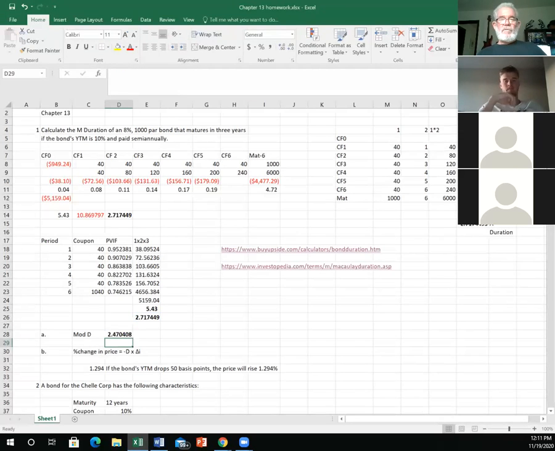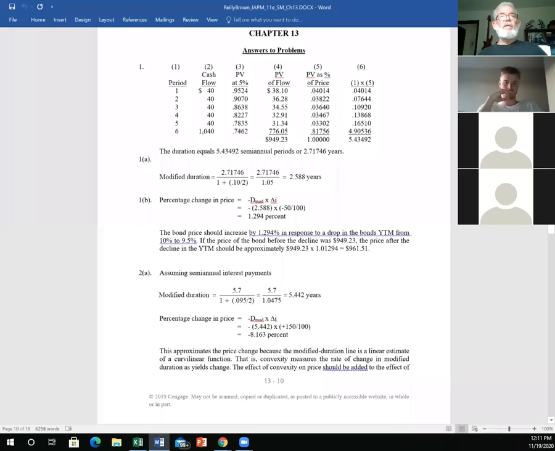So let's see what the solutions manual says. Huh. Well, they divided it by 2. So evidently we use the semi-annual. That's interesting. I can look at the book real quick.